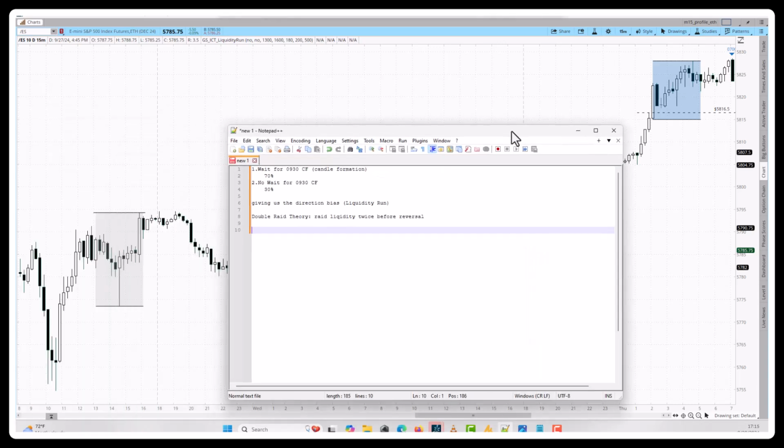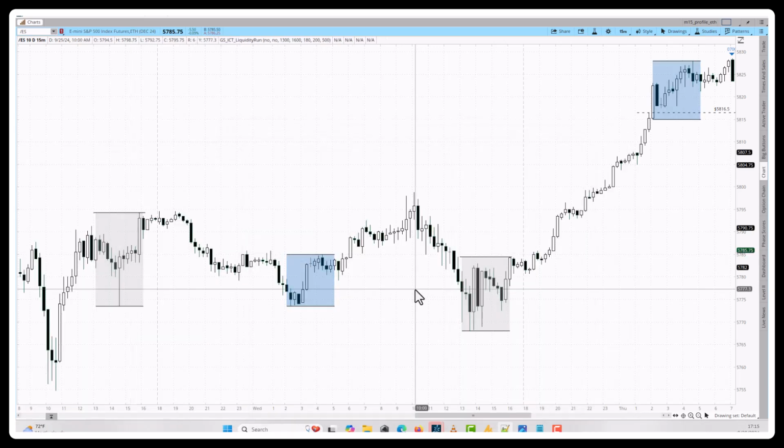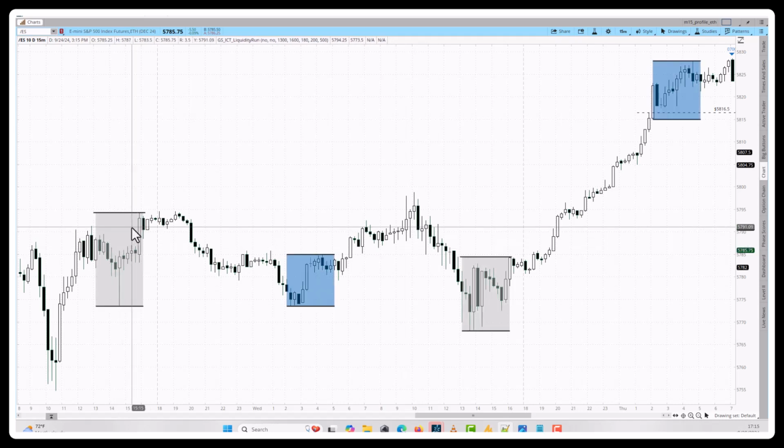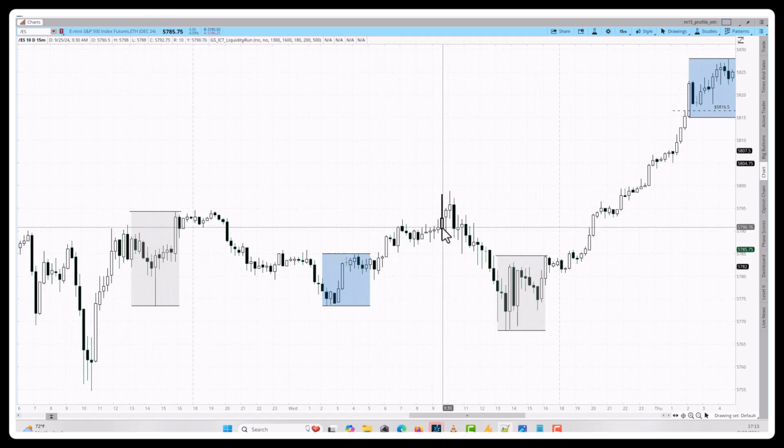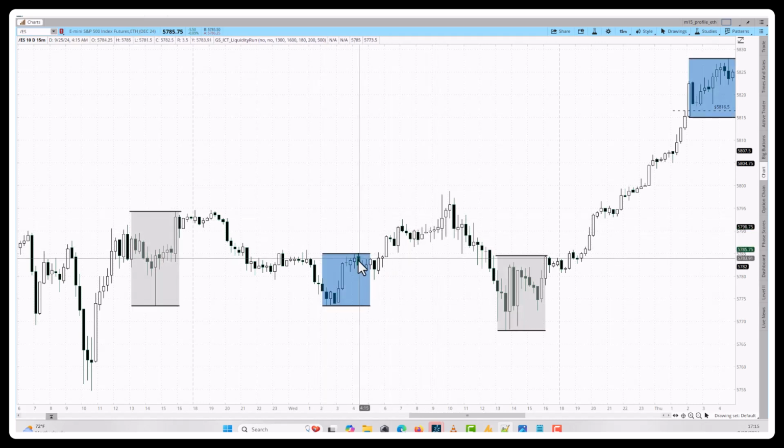Go back to our theory right here. So basically, are we gonna wait for the 9:30 candle formation, or are we gonna engage right away? So we try to build that model right there. In this case, we're not clear, so that's the reason why we wait for the 9:30 candle formation, because there's no liquidity rate in this case.